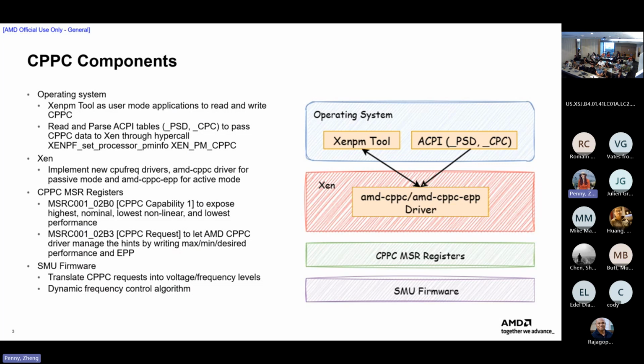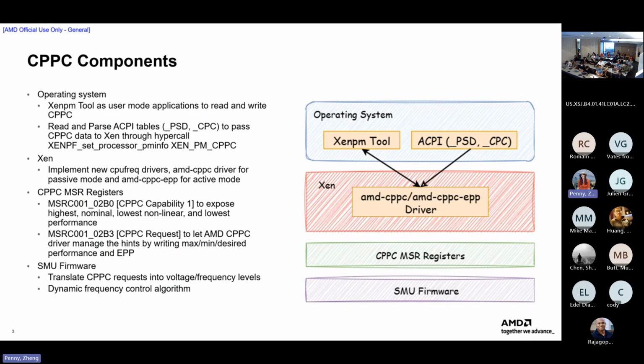At runtime, the driver needs to pass performance goals and hints to the SMU through the CPPC request register, including minimum and maximum performance limits and preference towards energy efficiency or performance, abbreviated as EPP.